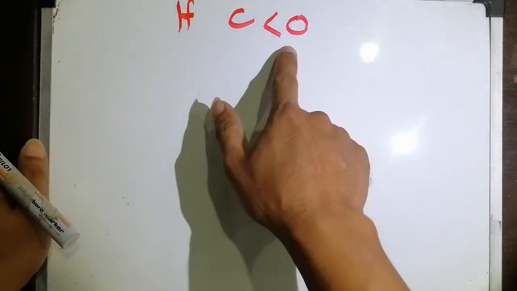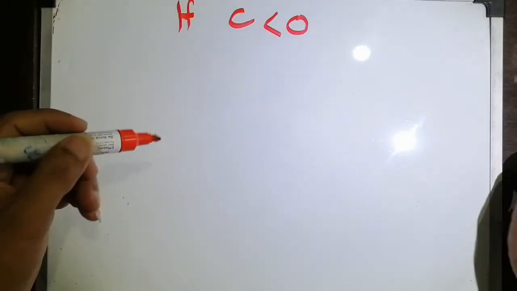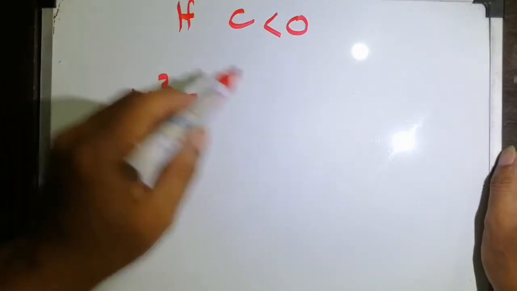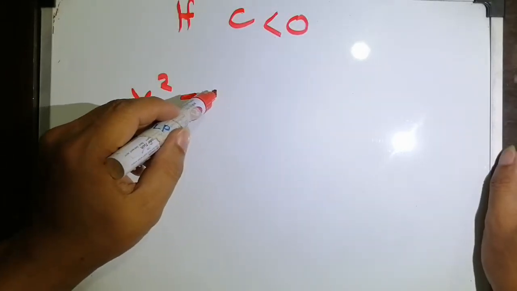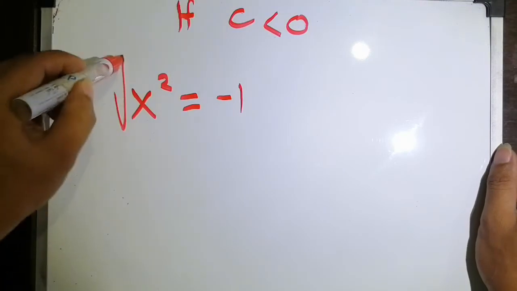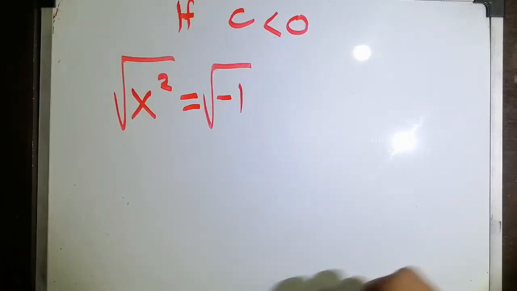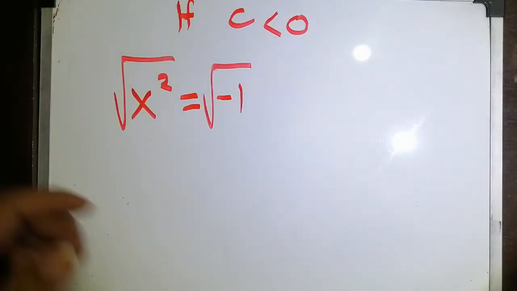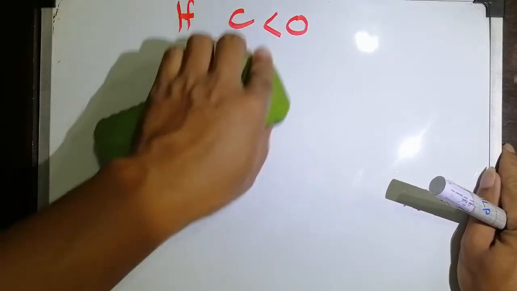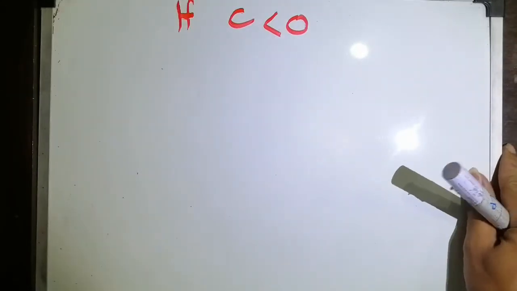So kung yan nga naman ay less than 0, ganito kalalabasan natin. x squared is less than 0, for example. So ano mga number less than 0? Negative 1. So walang square root yung negative number. Okay? So ito yung case na i-solve natin at papakita kung paano siya i-solve.